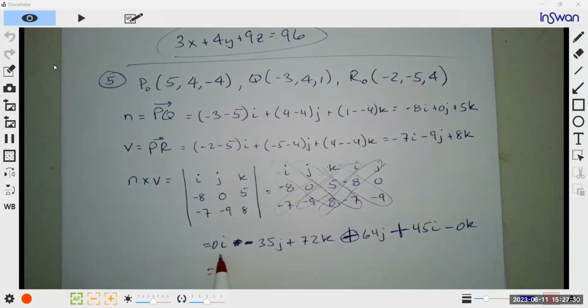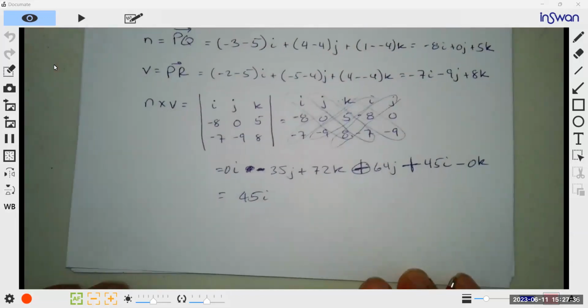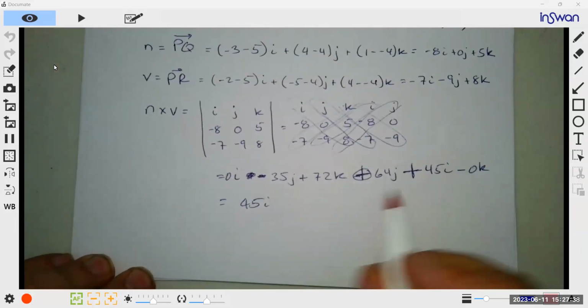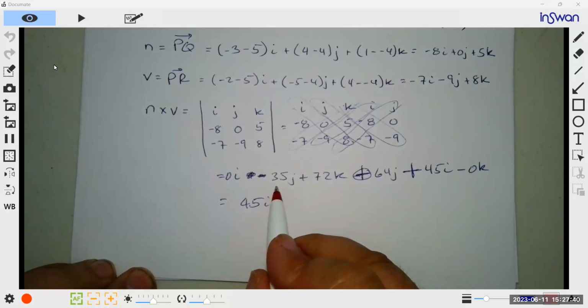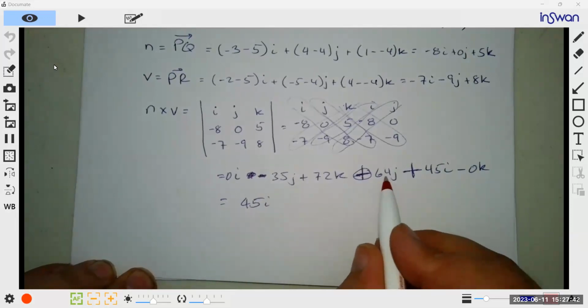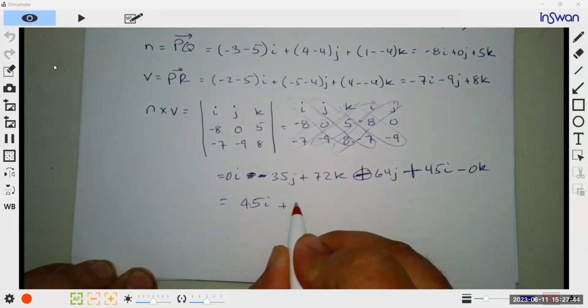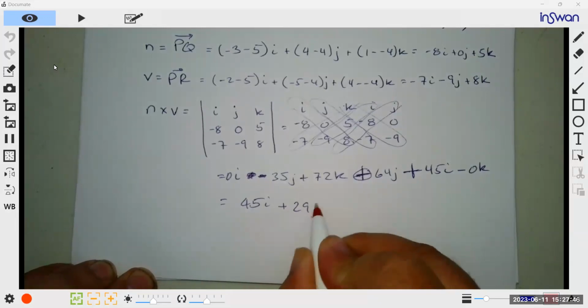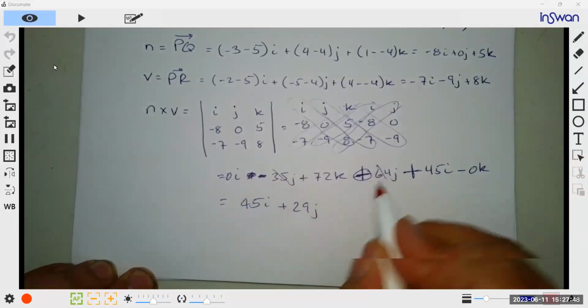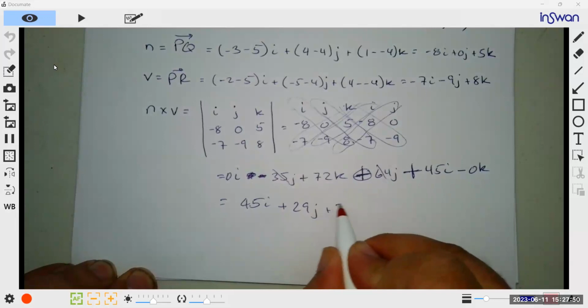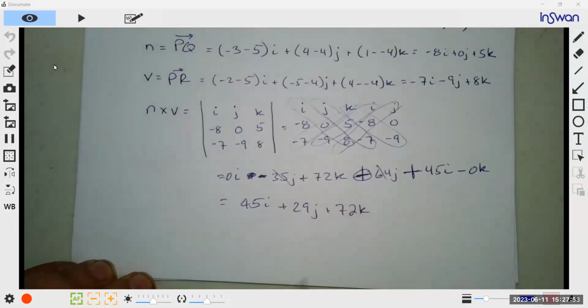So i's: 0 plus 45 is 45i. j is -35 plus 64, that's a positive 29j. And then plus 72k.